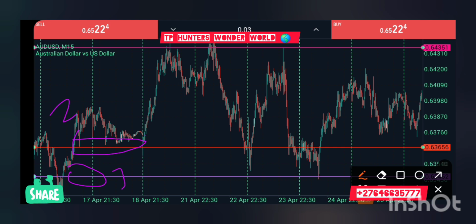Price will always retest the second horizontal, a red one, before it can retest the first breakout. You must know this, no matter what. The second breakout will always be retested first before they can retest the first one.